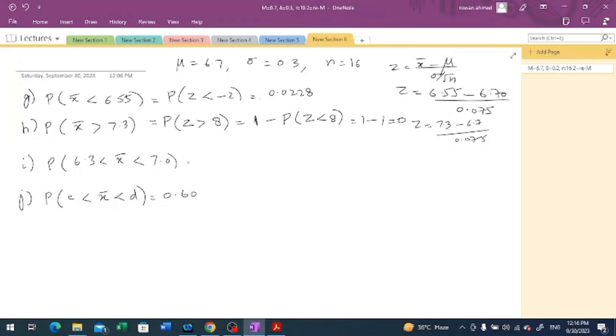Now similarly, if we get these two values converted, that's 6.3 take away 6.7 divided by 0.075, that would give us minus 4 as your answer.